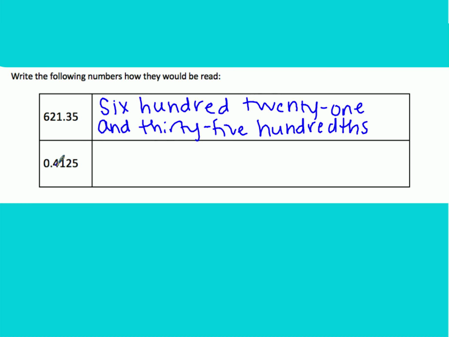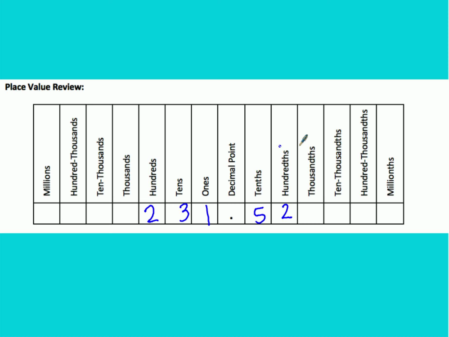And then the second one goes 4 spaces past our decimal point. So if you look back up at your table, the 4th space after the decimal is read as 10 thousandths.